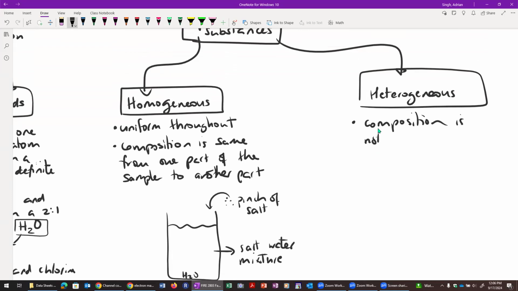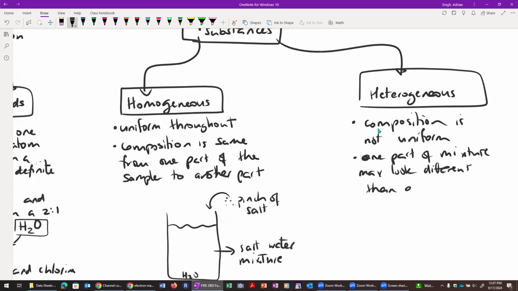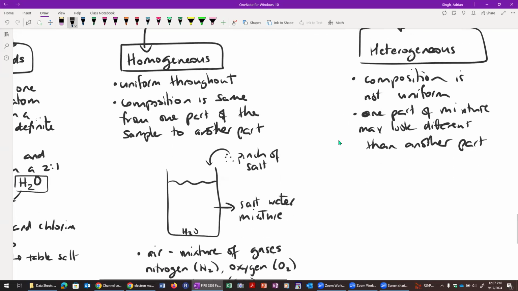So it's not uniform throughout the entire thing. So one part of the mixture may look different than another part. So as a very simple example of this, let's say you went to your favorite pizza place and you bought a pepperoni pizza, right?